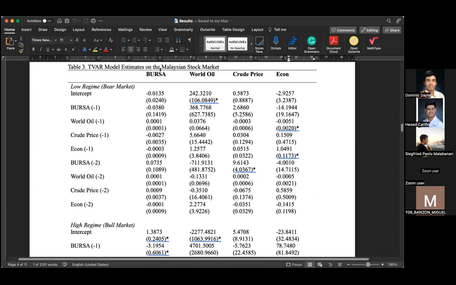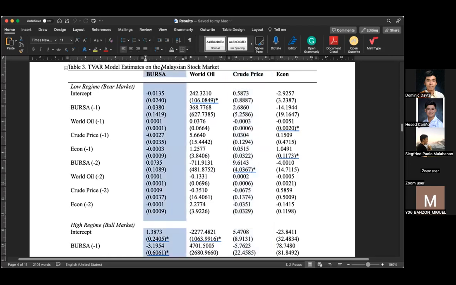So the way you read this is yung column, nakagroup sila by column. Etong column na to, ano yung impact on the Malaysia index. So yan yung mga bababa niyo siya babasahin. And then ito naman na to, ano yung impact on the world oil, and ano yung impact on the crude price. Kasi nga sabi ko si VAR model, nag-iiba-iba yung dependent variable mo.